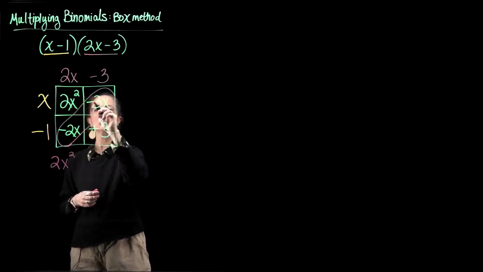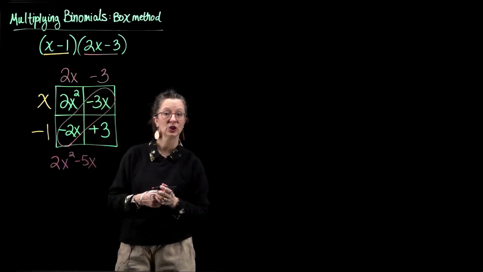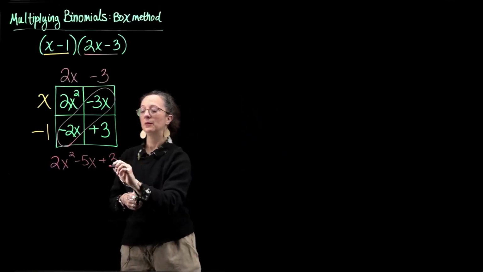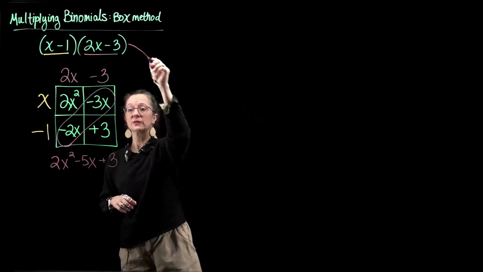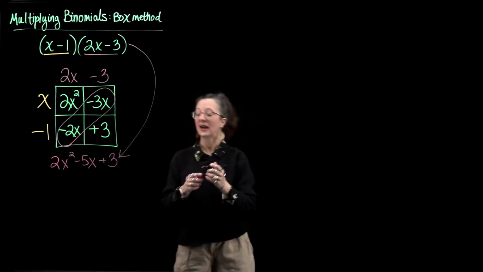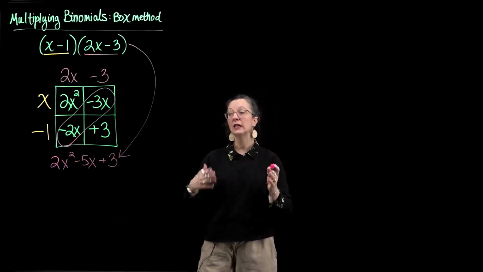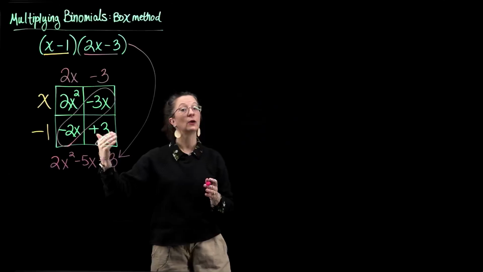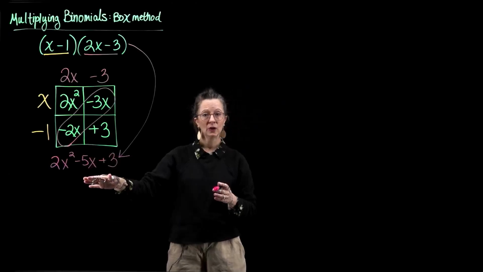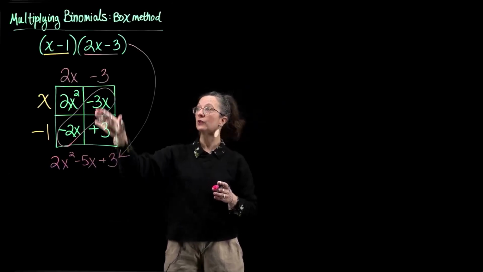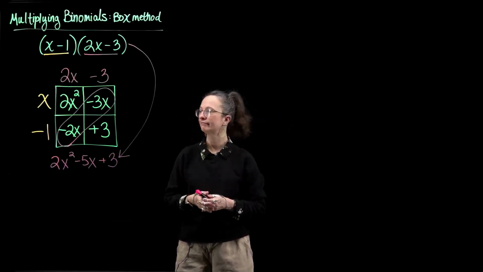Then I have minus 2x and minus 3x gives me minus 5x, combining those like terms, and then a plus 3. This is equal to the product of x minus 1 times 2x minus 3. So you can see the box method is just a different way to organize our multiplication so that we can get an answer. We could have just as easily done this by FOIL and gotten the same answer.